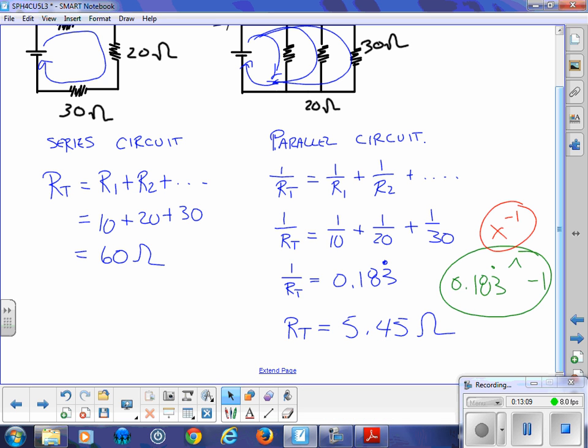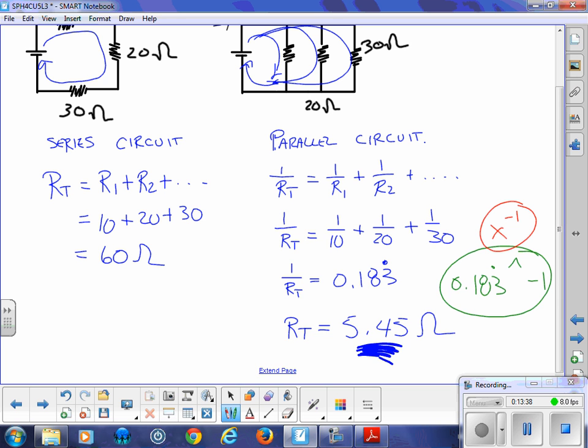Now look at the comparison between the two. This is the advantage of having series versus parallel. For a single circuit, using the same resistors, it was 60 ohms of resistance. That's like 60 chairs in your pathway if you think back to our analogy. So the electrons had to hurdle a lot of chairs. Whereas in a parallel circuit with the same resistors, it's 5.45 ohms.